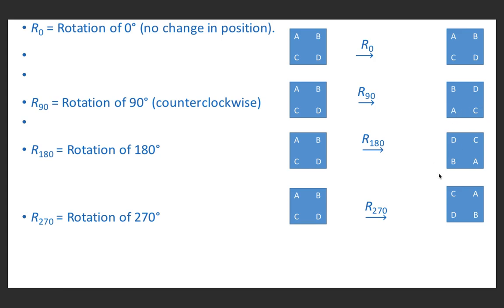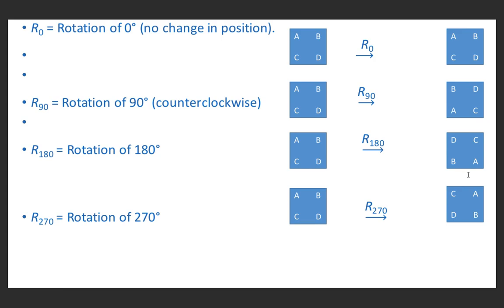This is the position of the corners obtained by rotating this square by 90 degrees again, or we can say that we have rotated this square by 180 degrees. So we have given one rotation of 90 degrees and then again one rotation of 90 degrees. So for a rotation of 180 degrees, this is the position of the corners which we obtained.